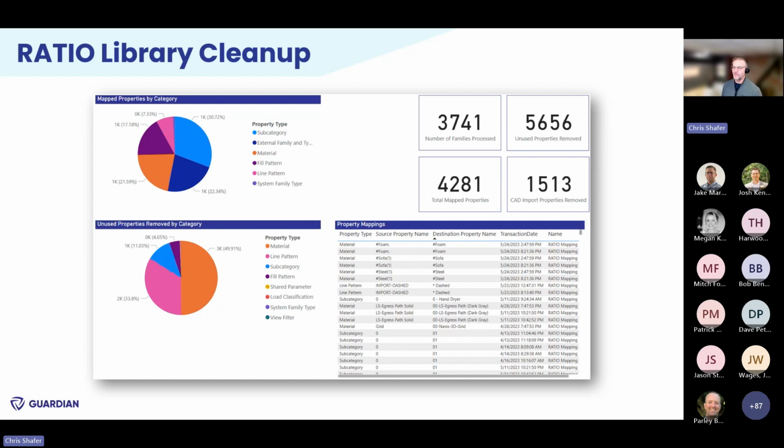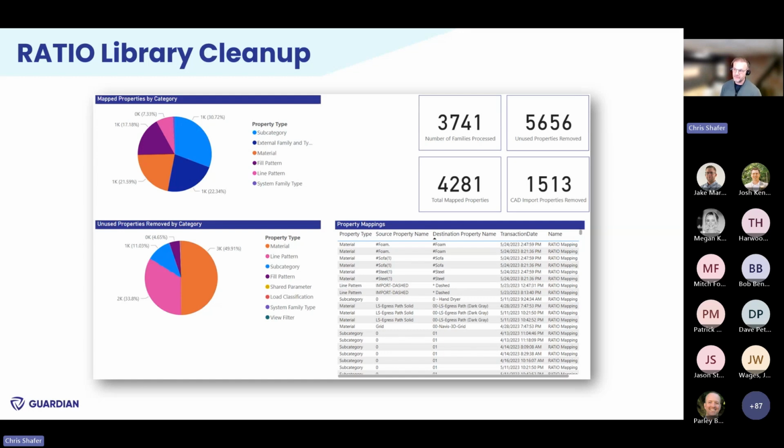They're going to be like, why? What's the value of that? So having Guardian and especially Guardian Backstage to provide you this data to show, hey, this is how much we've cleaned, this is how much we taught Guardian, and then every subsequent project that we do in this firm moving forward will take advantage of these automations.